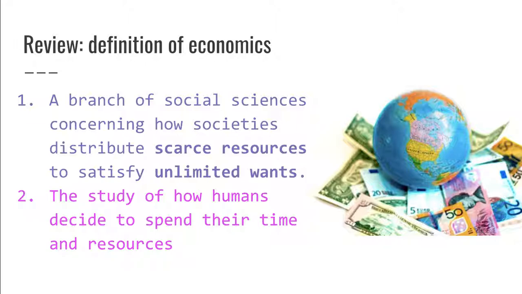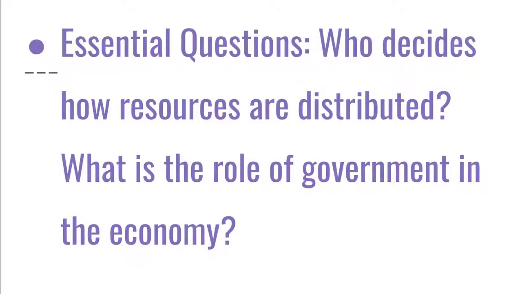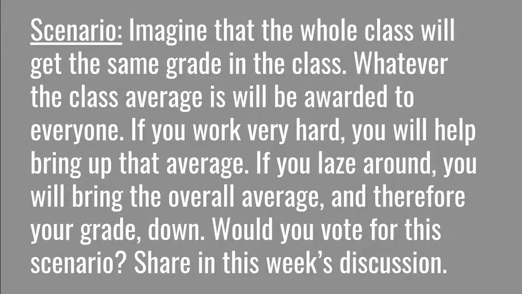So more simply, it's how do humans decide to spend their time and their resources? Well, this is what role does the government play in that? We can't just up and take each other's stuff because we have laws against it. And so the government has a role in the economy. So the essential questions I want you to keep in mind are who decides how resources are distributed and what is the role of government in the economy?